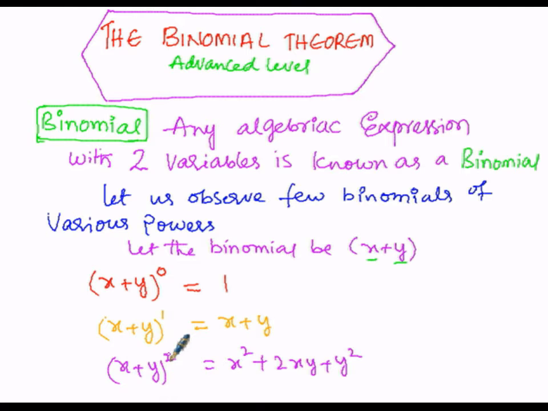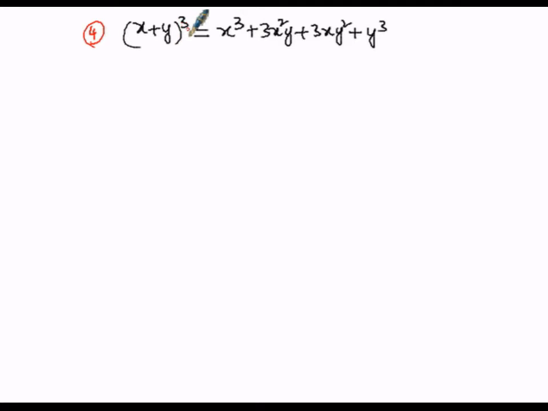Then let us perform one more binomial with the third degree, that is x plus y whole to the power of 3 is equal to x cube plus 3x square y plus 3xy square plus y cube. So here when we observe the fourth one, x plus y whole to the power of 3, the exponent is 3 and the number of terms in its expansion are 1, 2, 3 and 4.